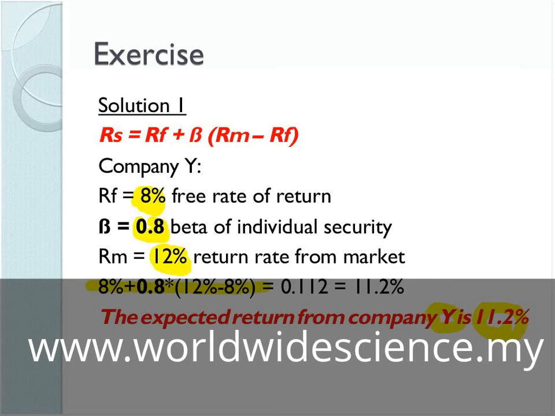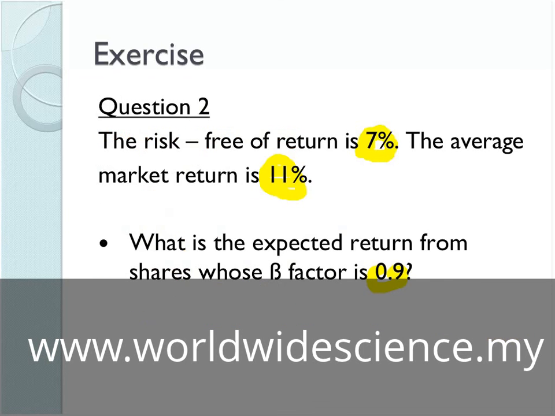Okay. So next, question B is a different company with a different risk-free rate of return, which is 7%, and the market return is 11%. We know our beta, the beta factor of the individual security, which is 0.9.